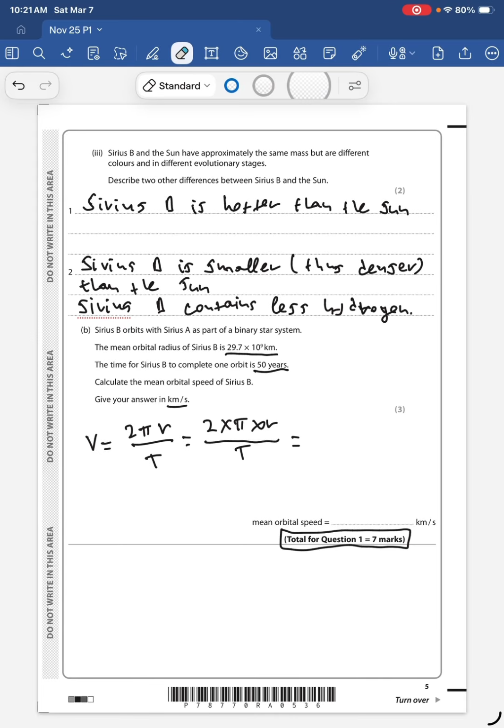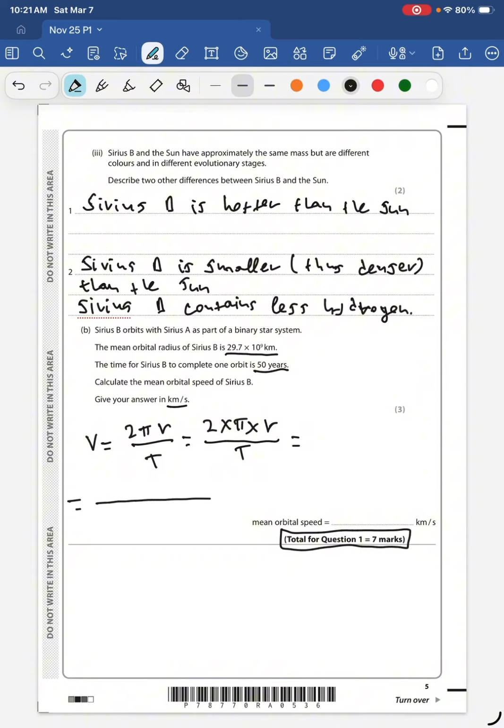So this is 2 pi times 29.7 times 10 to the 9, and it's in kilometers, so we will leave it like that. The way I solve problems, I put all the numbers to the left and all the units to the right.